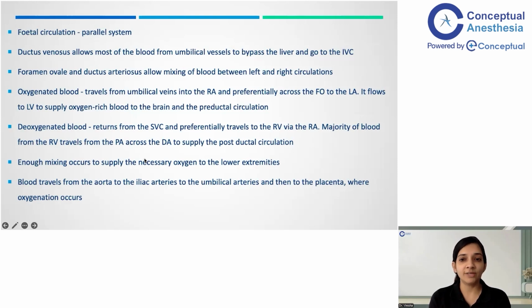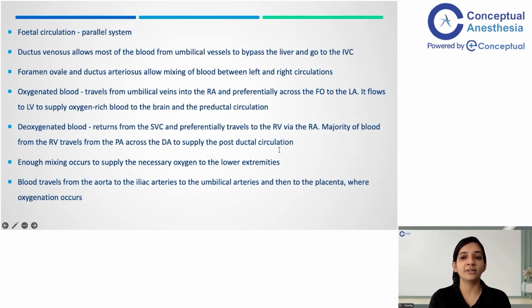Now, the foramen ovale and the ductus arteriosus allow mixing of blood between the right and the left side of the heart. Oxygenated blood will travel from the umbilical vein into the right atrium, and preferentially from the right atrium, it will go across the foramen ovale to the left atrium. From there, it goes to the left ventricle to supply the most oxygen-rich blood to the brain and to the preductal circulation.